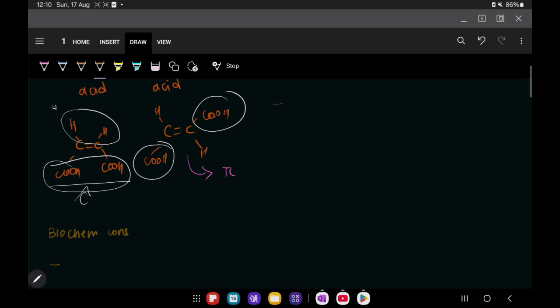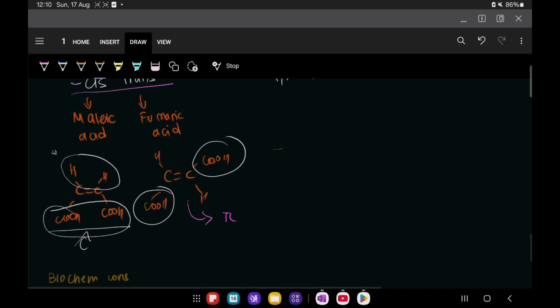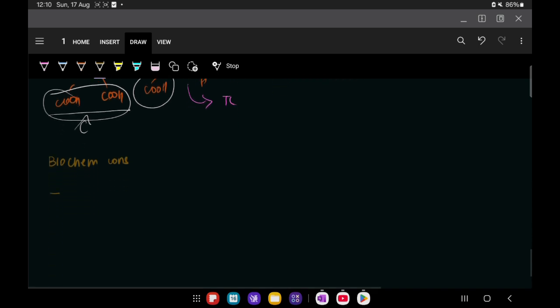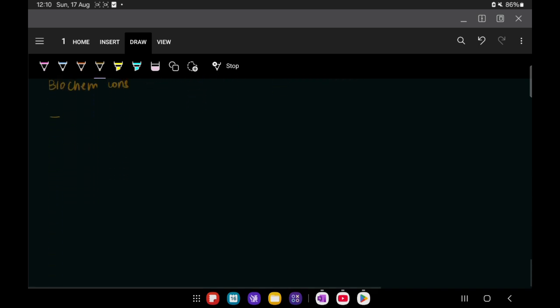They're not merely different versions of each other, they are completely different compounds, right? You can see from the name itself, we're not calling them D or L or version 1, version 2. These are completely different names. So biochemical consequences of having these molecules in different configurations.